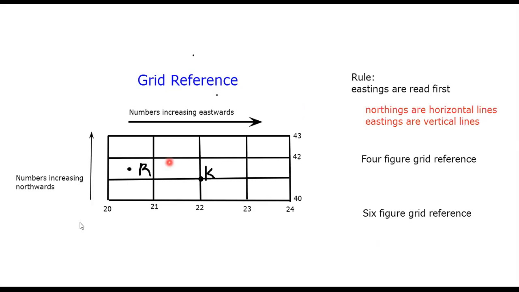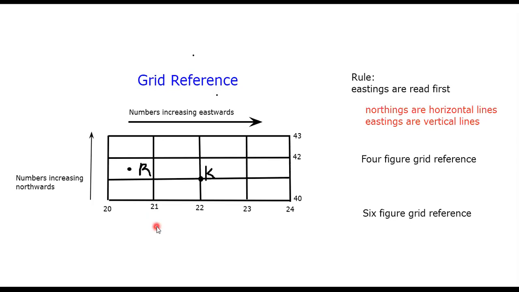For the four-figure grid reference, of course, you would know the part that it's nearest to, basically this box right here. Remember, we're doing it based on the rule that eastings are read first, so we look at it from the eastings point of view first. Since you have 20 and 21 right here, there will be decimals: 20.0, 20.1, 20.2, 20.3, 20.4, 20.5, 20.6, 20.7, 20.8, 20.9, and then 21.